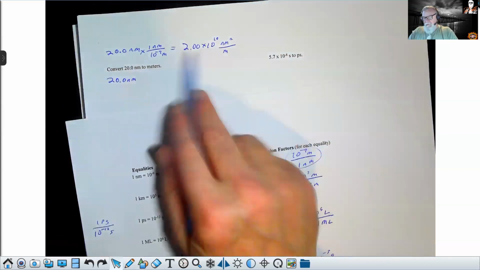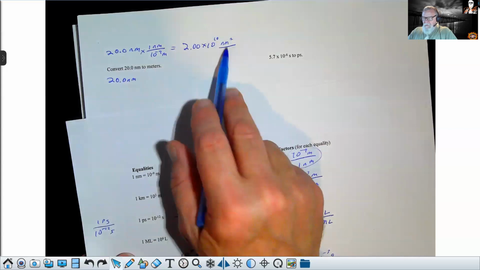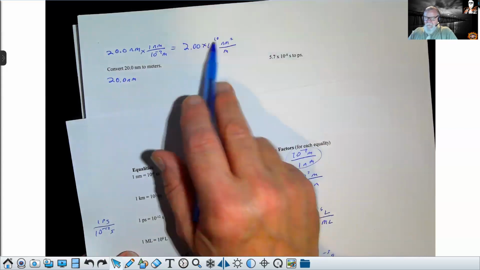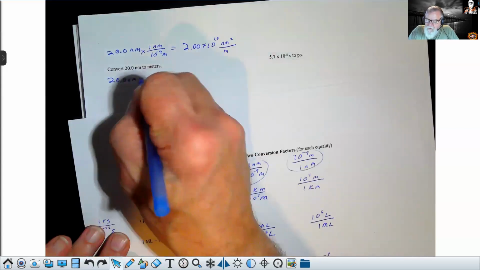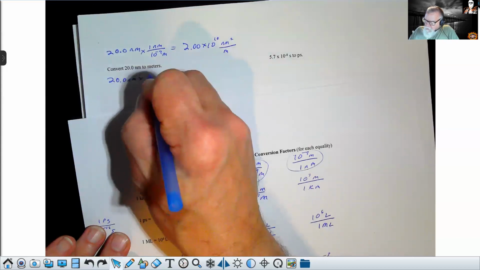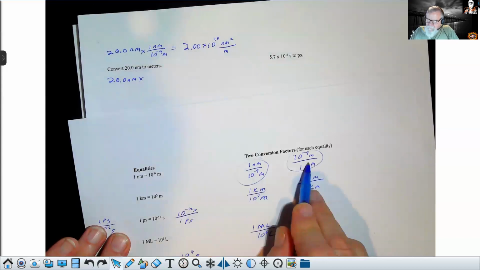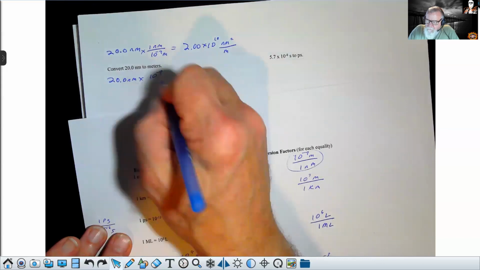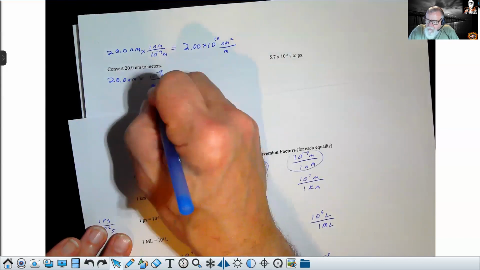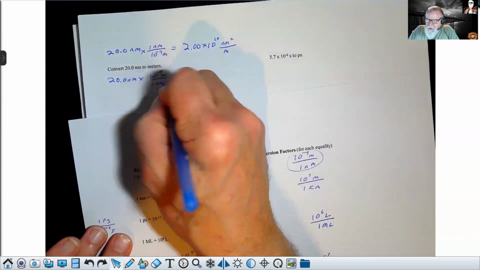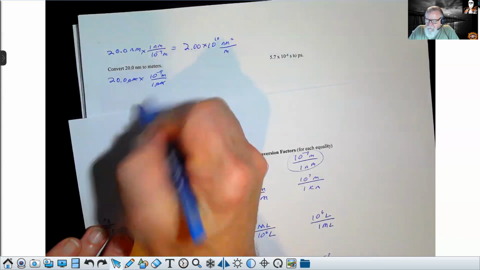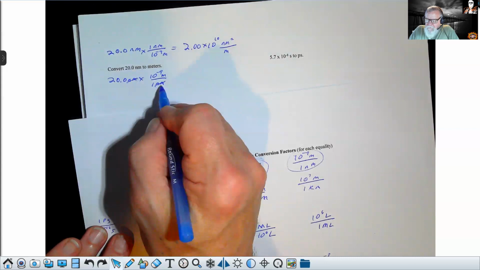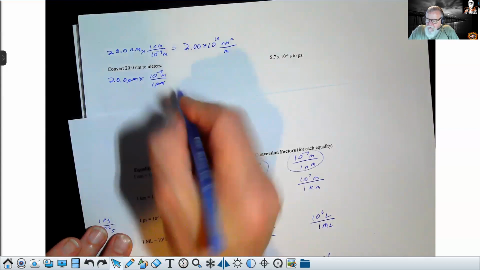Believe it or not, it just has funny units. But this would mean the same thing as what I'm going to do here. I do it using this conversion factor: 10 to the negative 9 meters over 1 nanometer. Now my nanometers cancel, nanometer divided by nanometer, and I'm left with units in meters.